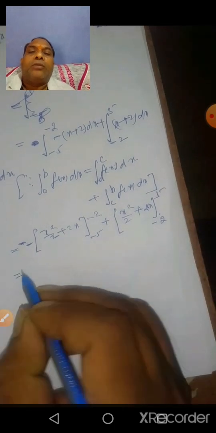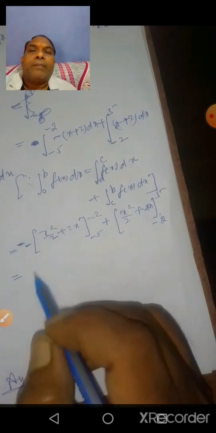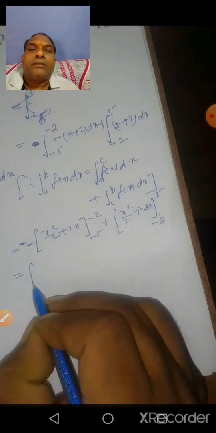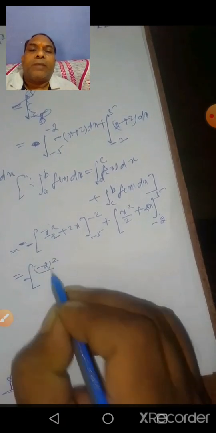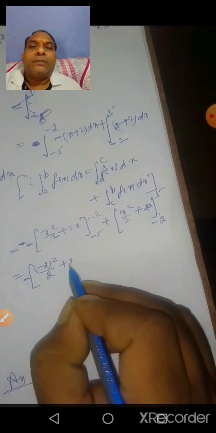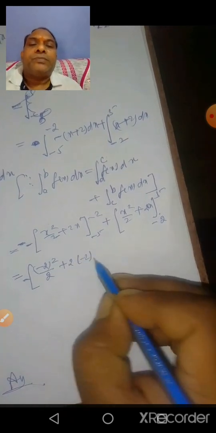Now apply the limits, subtract lower limit from upper limit, then solve, then you have the answer.